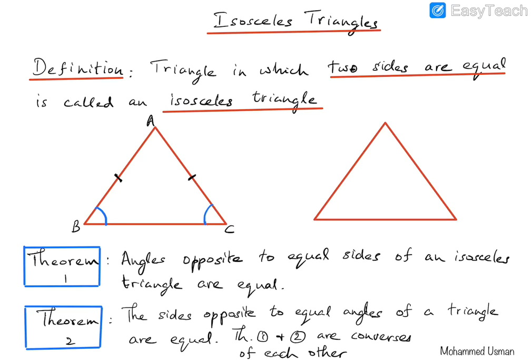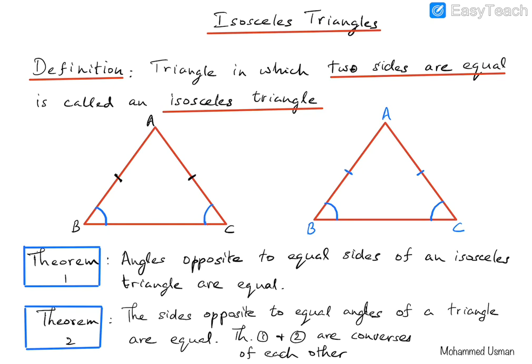The second part of the theorem, or the converse of the first theorem, is that if we have a triangle ABC, and if two of the angles of the triangle are equal, so if angle B is equal to angle C, theorem 2 says that the sides opposite to the equal angles are equal. The side opposite to angle B is AC, and the side opposite to angle C is AB.